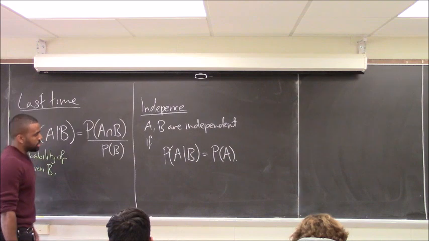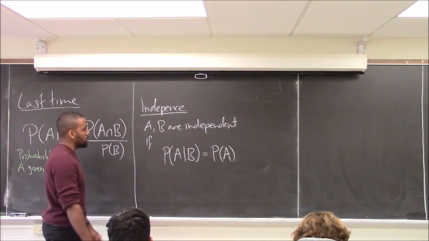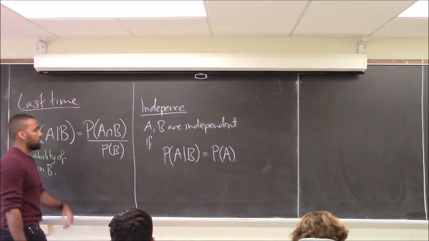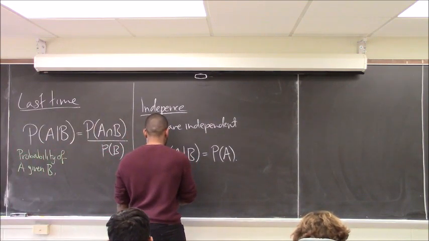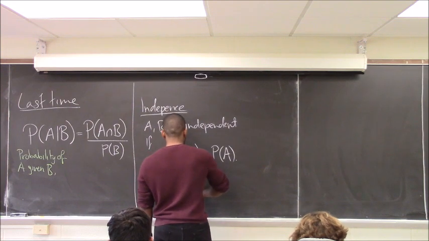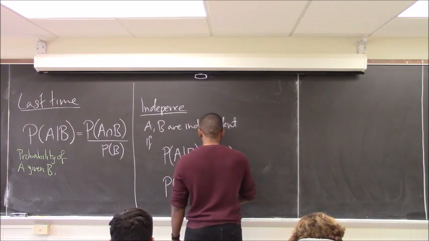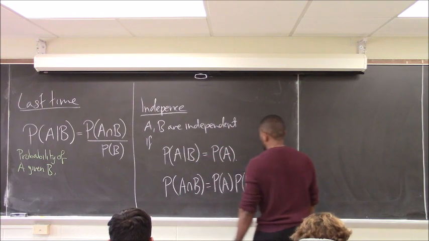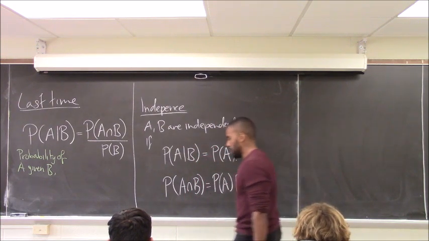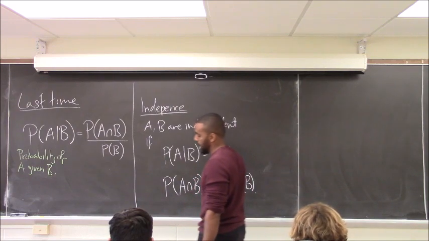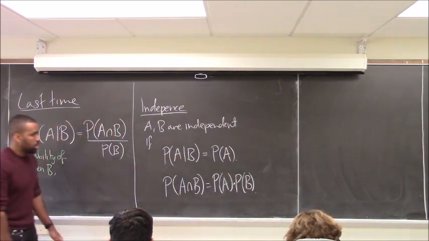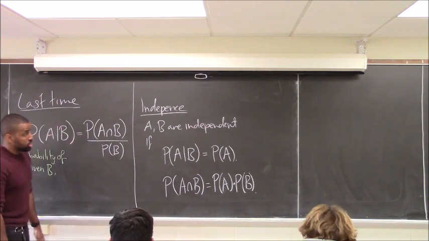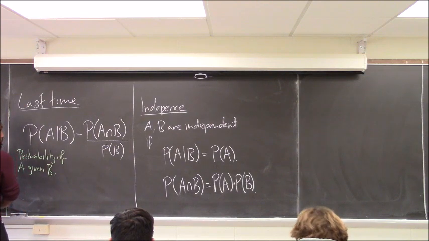Probability of B given A will be equal to the probability of B. We could also realize by taking advantage of this definition that the probability of the intersection is the multiplication of the probabilities. Now that is not true in general, even though a lot of us like to believe that. The probability that something will happen and something else will happen at the same time, we like to multiply the probabilities, but that's actually not true. That is only true for independent events.